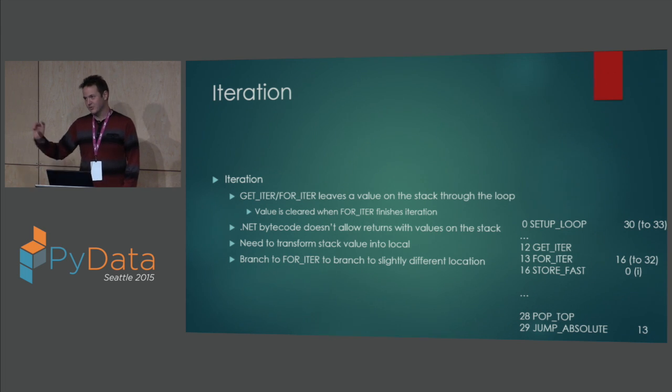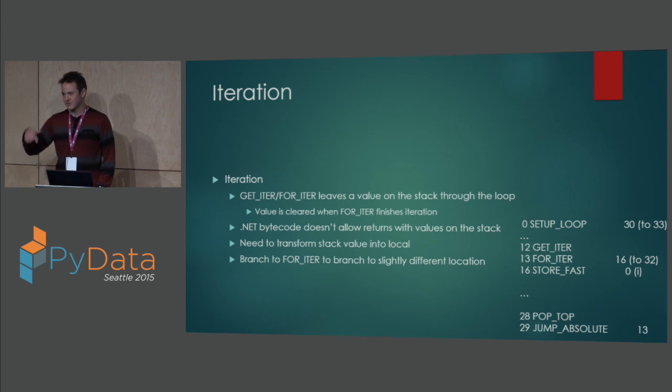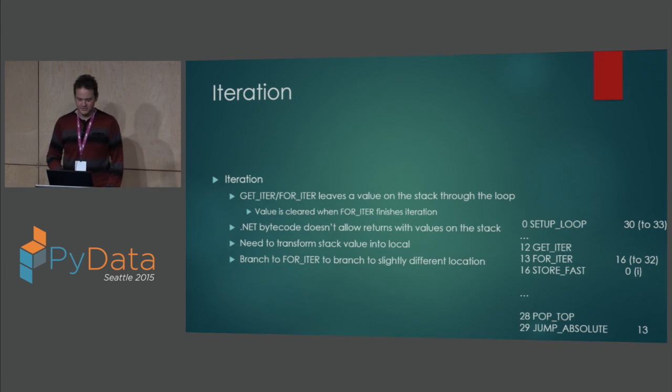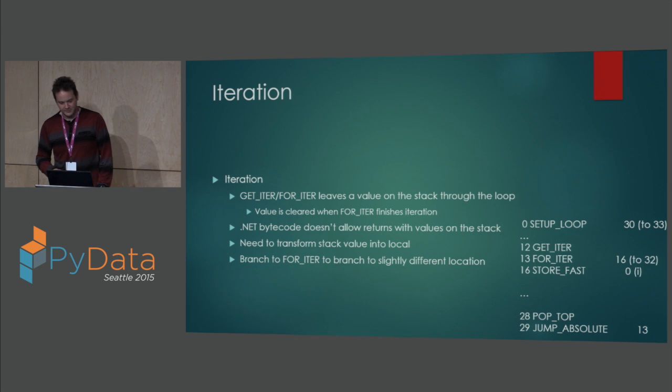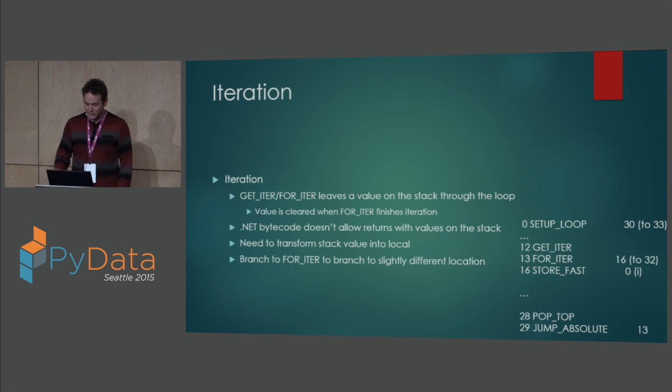And then that table needs to be slightly adjusted so that instead of branching to the instructions that we started emitting when we were encountering for iter, we're branching to a couple instructions later, which are actually just after we've loaded the iterable value out of a local. It's a little annoying and certainly not the worst thing in the world, but get iter and for iter aren't actually always paired. They can show up not being paired in the case of a list comprehension, so it gets a little bit complicated.